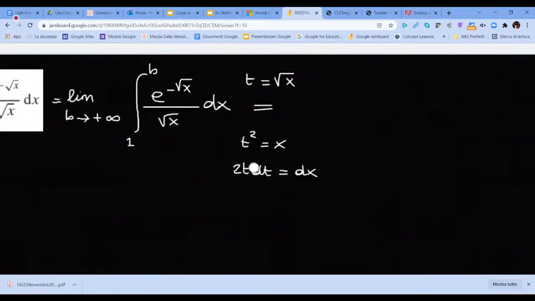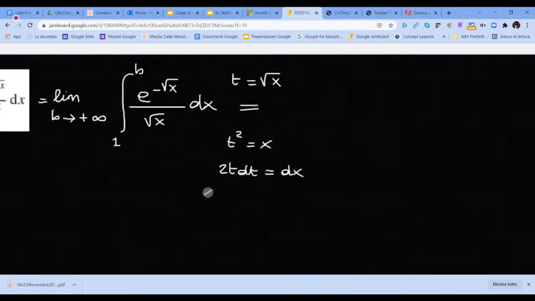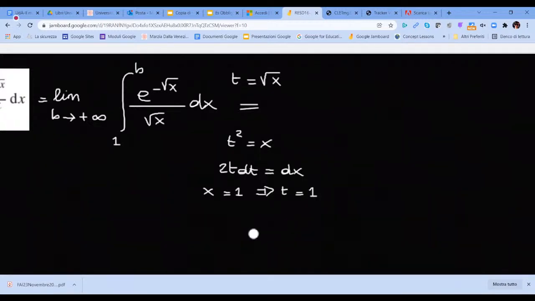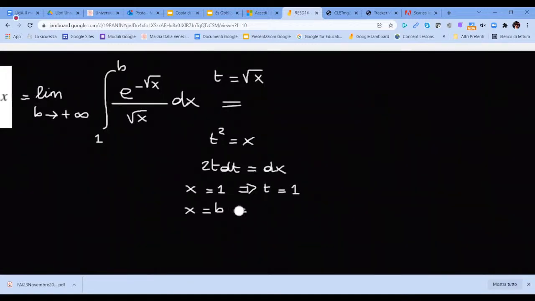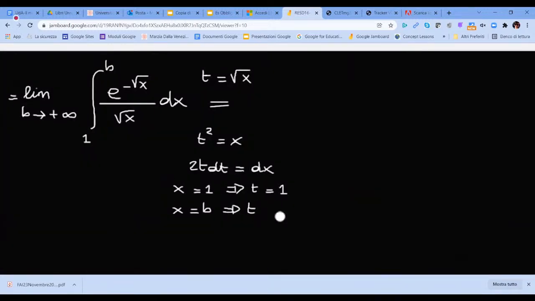And the extremal points of the variables: for x equals 1, we have t equals the square root of 1, so 1. And for x equals b, we have t as the square root of b. We can put a different name.